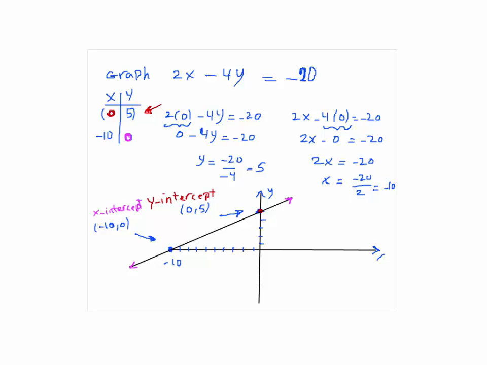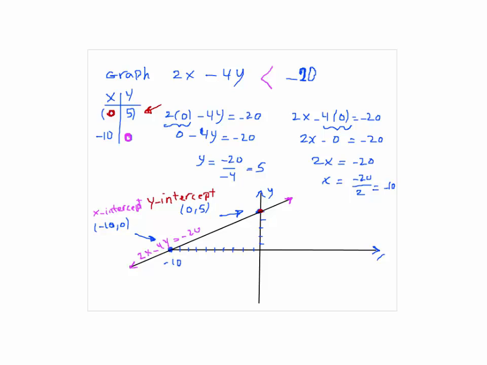Now, if this were an inequality, if instead of equal, I would say less than. So this line itself would be 2x minus 4y is equal to minus 20.